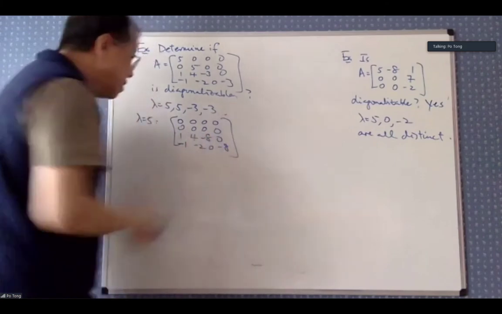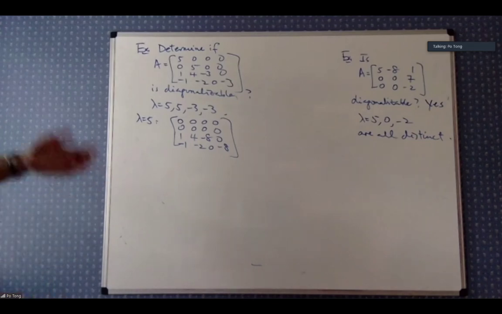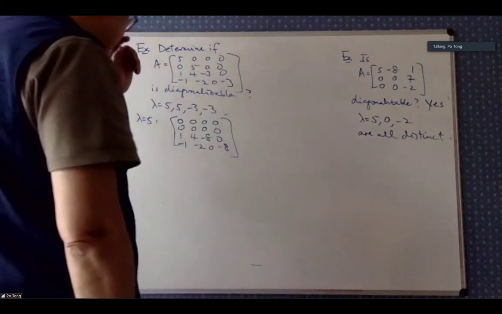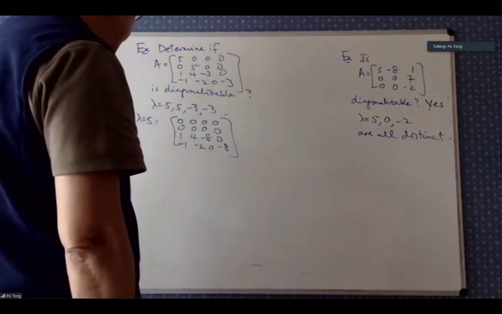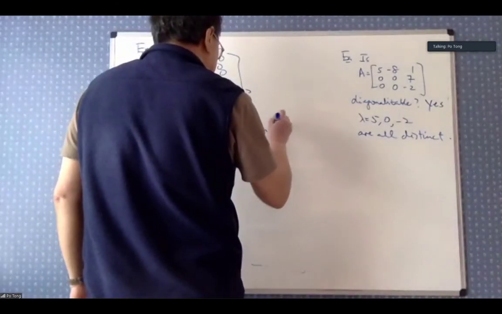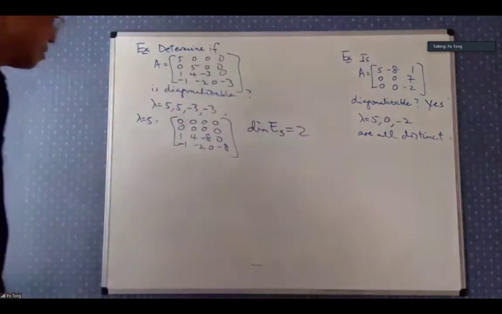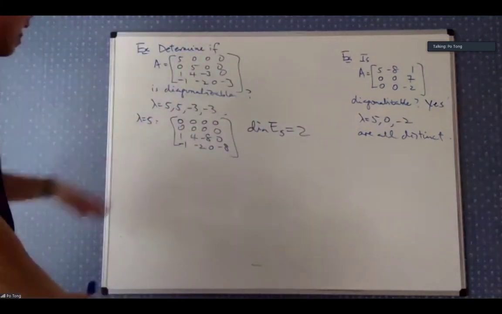Are there two free variables? Yes, it's two free variables. It depends on how you look at that. So the dimension of E5 is equal to 2, which is good. So we have enough. We are happy.